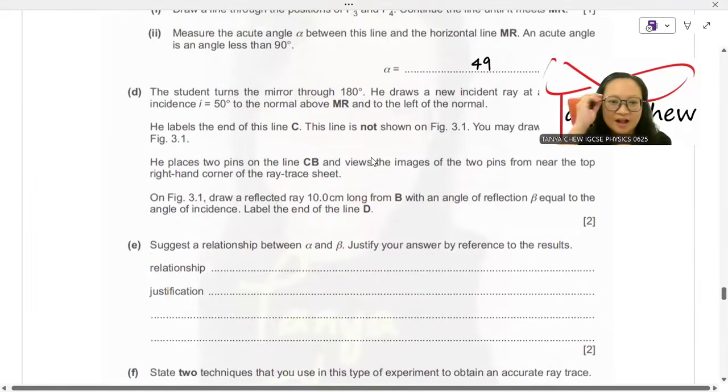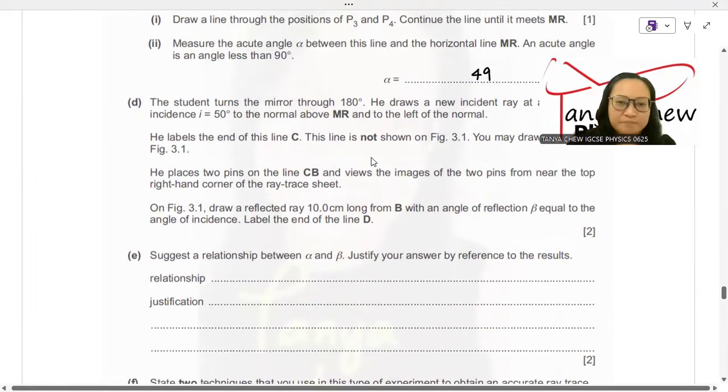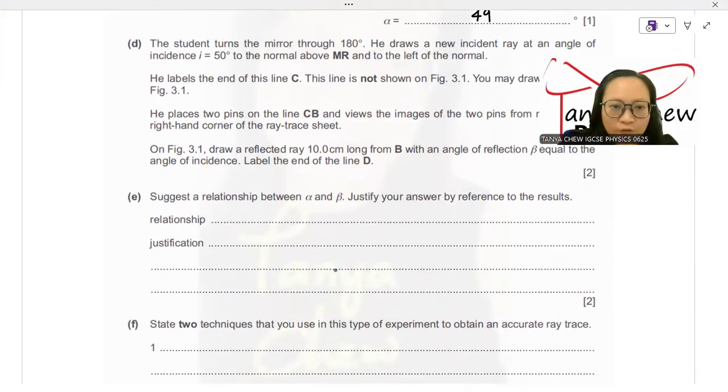Now, label the end of the line D. Suggest a relationship between alpha and beta. Justify your answer by reference to the result. So I would say that alpha equals beta. Why? Because alpha is equal to 49 degrees and beta is equal to 50 degrees.